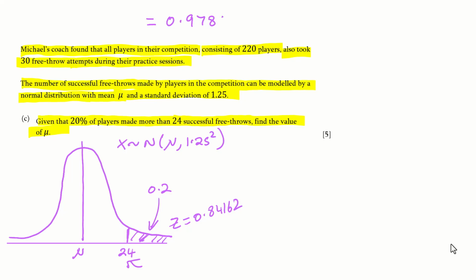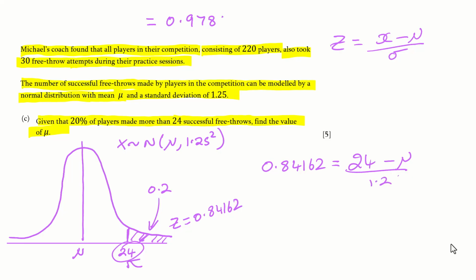So our z-score is 0.84162. Now we know that a z-score is equal to a score that we know take away the mean for the distribution divided by the standard deviation. So what we must have here is 0.84162 is equal to the 24 take away the mean over 1.25.